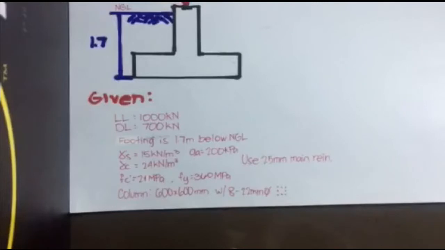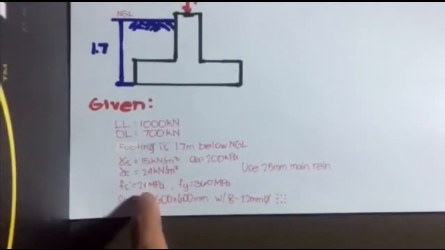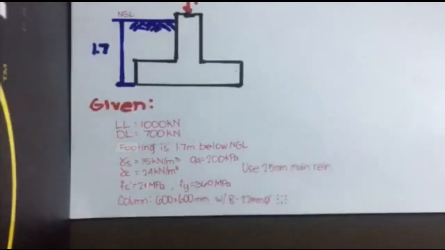The soil density is 15 kilonewtons per cubic meter, as well as the unit weight of concrete, which is 24 kilonewtons per cubic meter. We are assigned to use 21 MPa for the f'c and fy of 360 MPa.